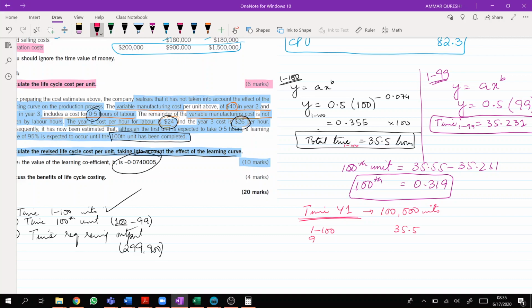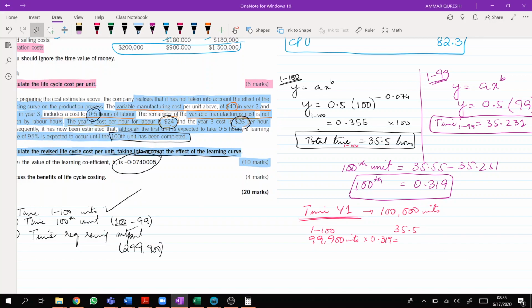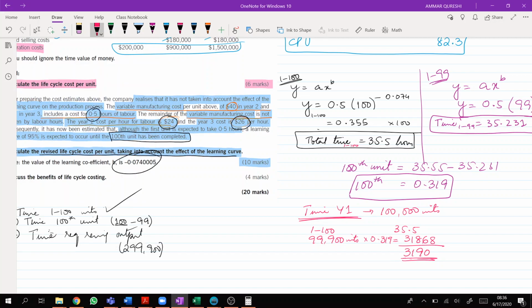Time required for 99,900 units will be 0.319 multiplied by 99,900. 31868. 31868 plus 35.5, it's 31904. It's 31904 hours.